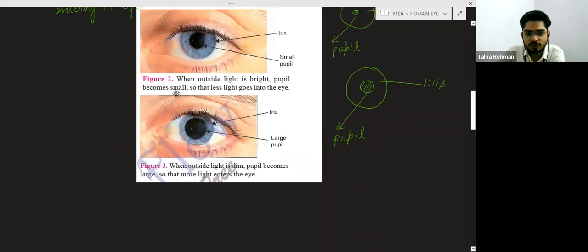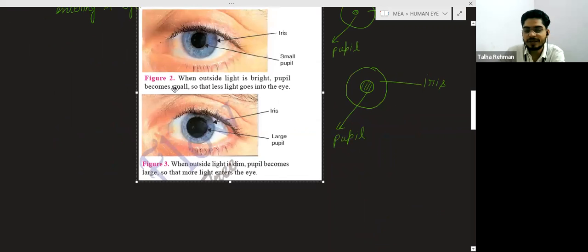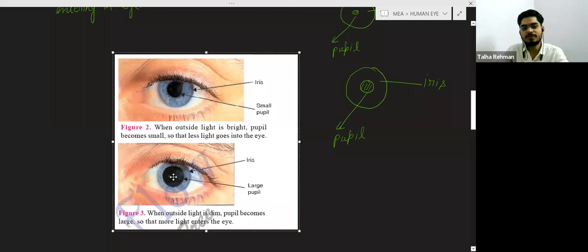Here the size of the pupil is small. Here the size of the pupil is large. Why?